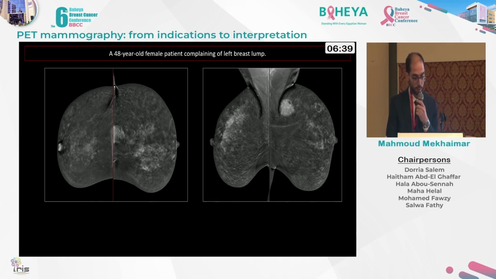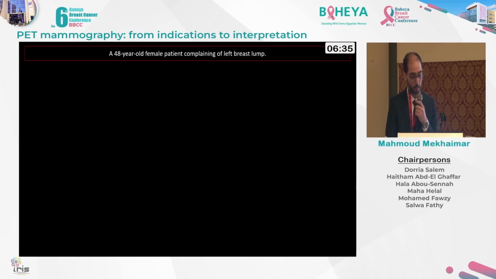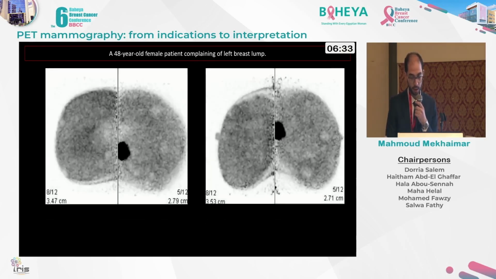It shows in the right breast, right upper inner quadrant non-mass enhancement. BIM was ordered and revealed a left breast upper outer quadrant single FDG avid malignant mass lesion. For the right breast, there is a right upper inner quadrant faint, low grade FDG uptake non-mass lesion.